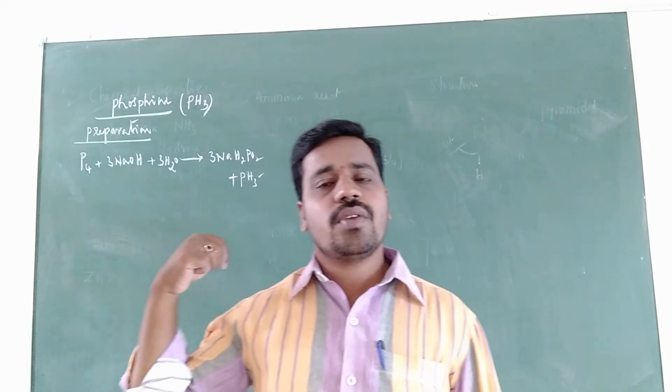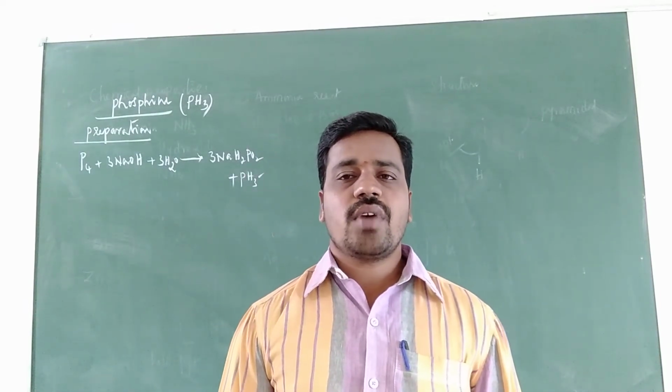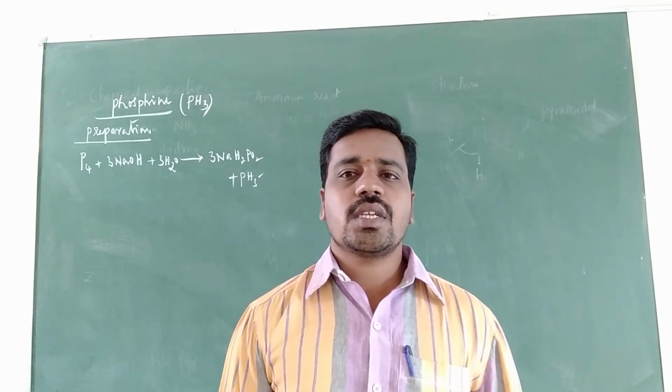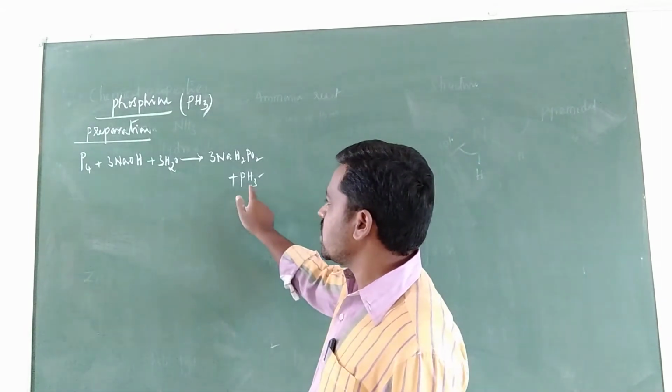This is very important for 2 marks. They will ask what happens when white phosphorus reacts with sodium hydroxide in an inert atmosphere of CO2. So what happens then? Phosphine is formed.